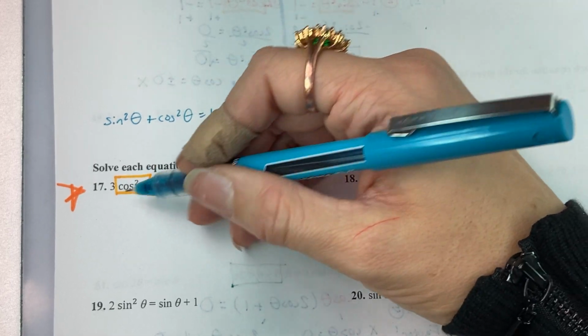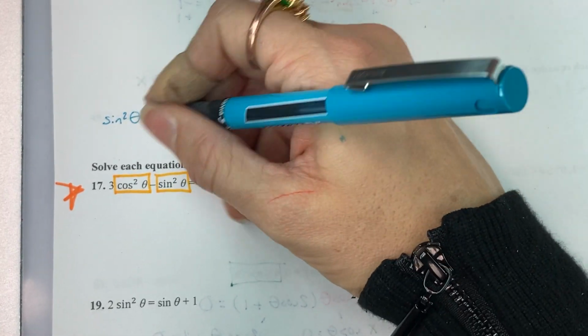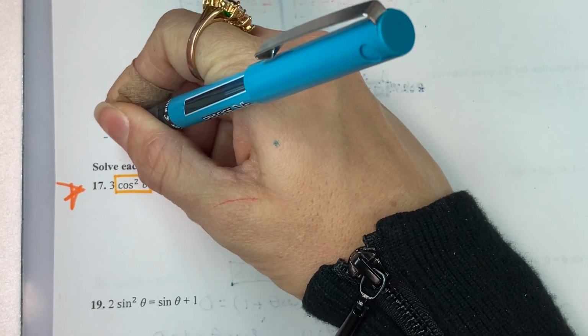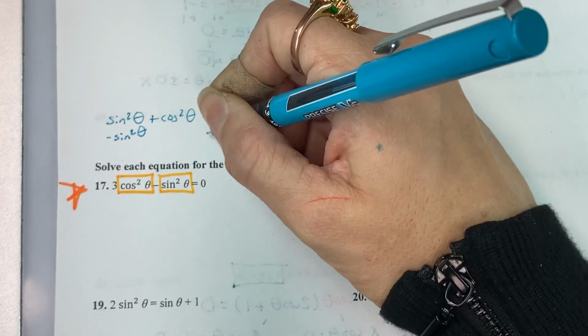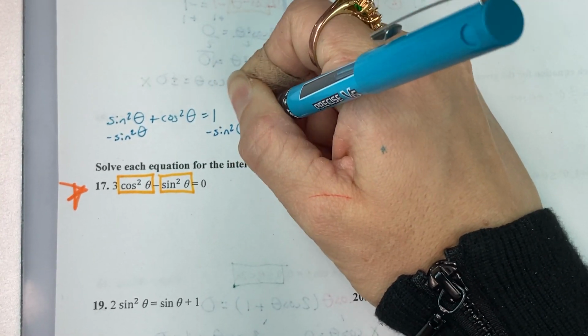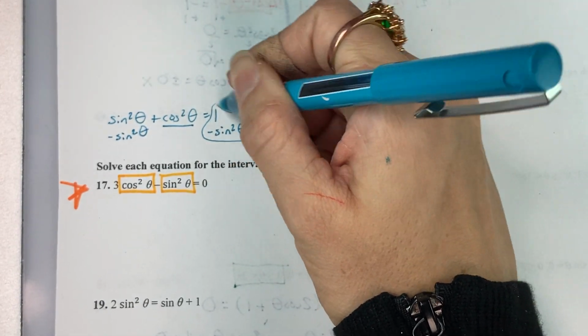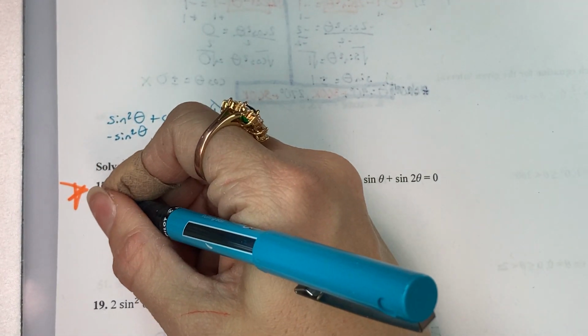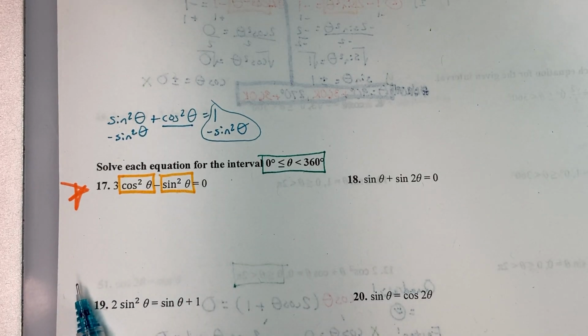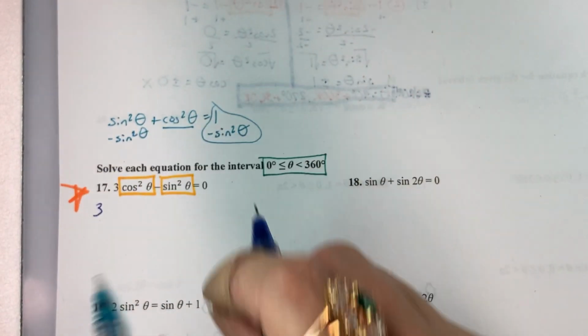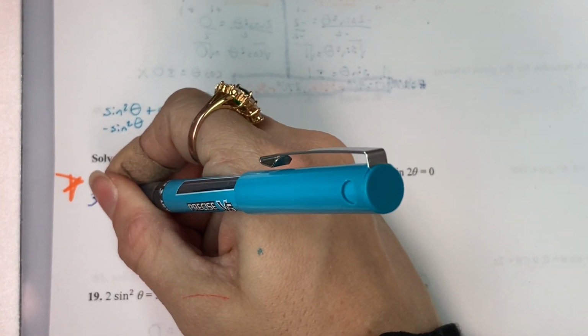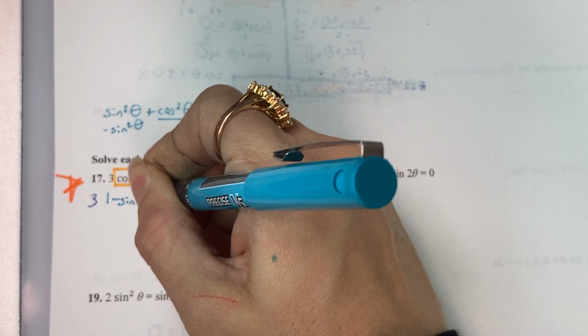So if I want to replace cosine squared, we're going to solve for cosine squared and subtract sine squared from both sides. So I can replace cosine squared with 1 minus sine squared. So we'll have the 3 still in front as a coefficient, and then 1 minus sine squared theta.